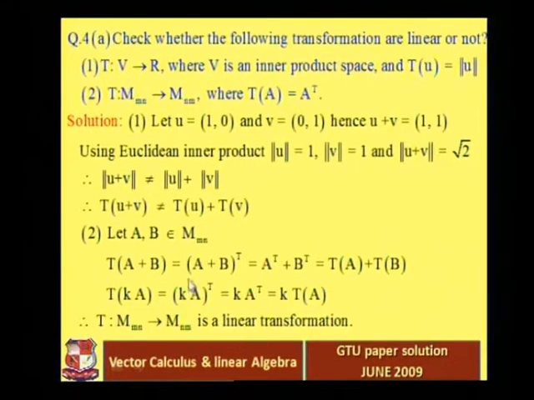Because it satisfies both of the conditions: T of A plus B is equal to T of A plus T of B, and T of K A is equal to K times T of A.